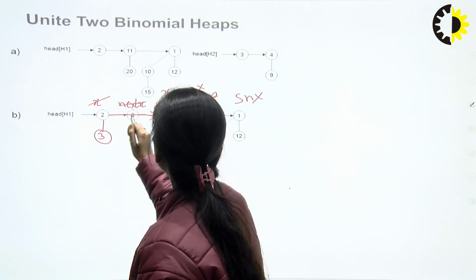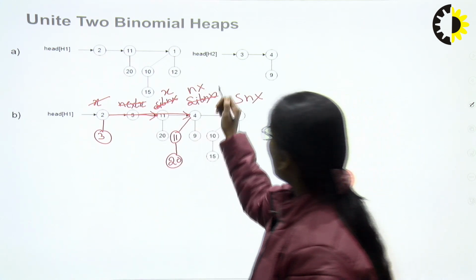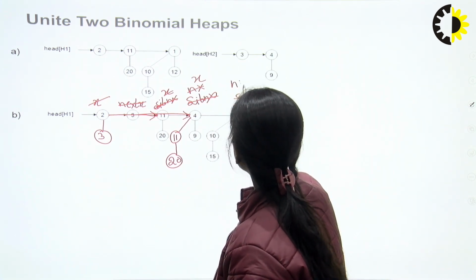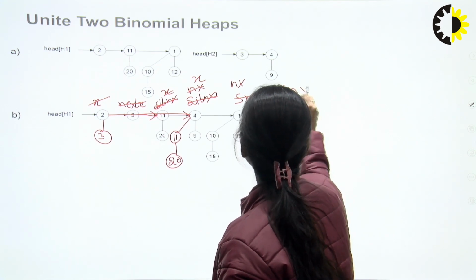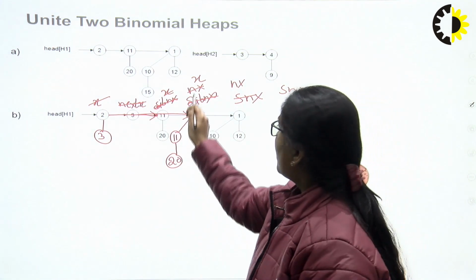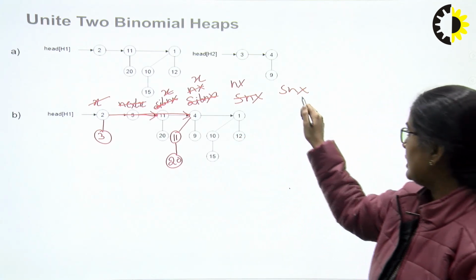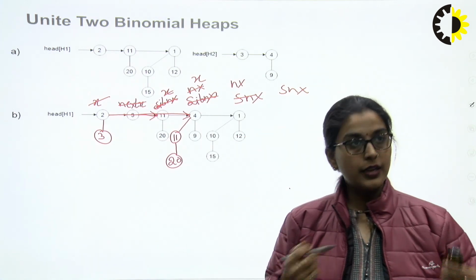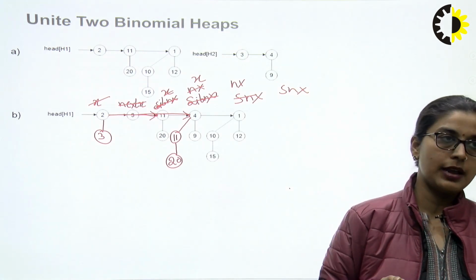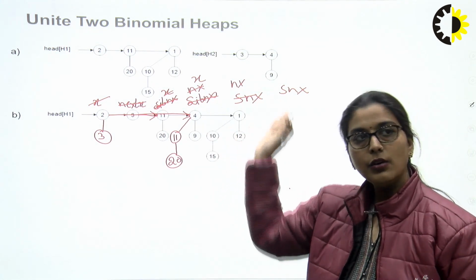Now this is x, this is next of x and this is sibling of next of x. Now x has degree 2, next of x has degree 2, and sibling of next of x is null. Again case number 2, 3 or 4 arises. We just link the two nodes and so on.